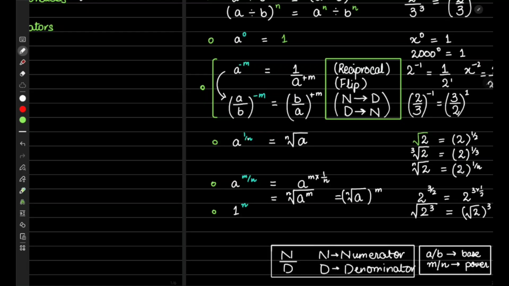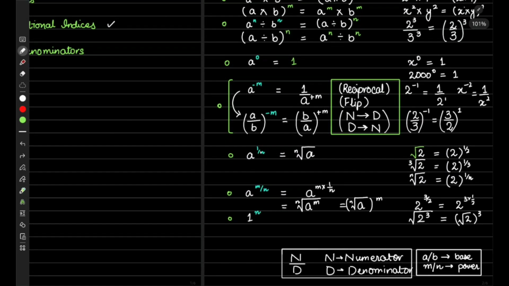I hope you get it. You can either take this as a whole power or take that as a whole power, because these are both multiplied. So this is all about your second last law of index. The last law of index is, if you have 1 with any power n, 1 to any power will give you just 1.